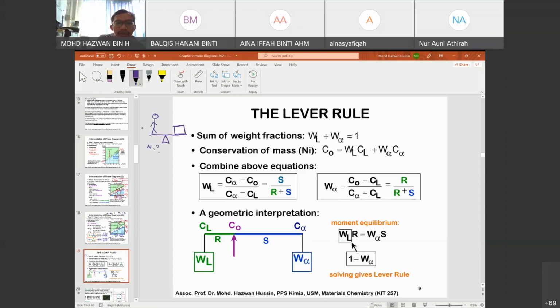We know we have a load here. So if you put the load over here, finally it balances out. The weight of this thing is actually equal to the load that makes it balance. So this is actually the logic why we use the lever rules.